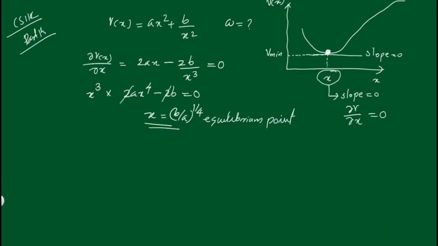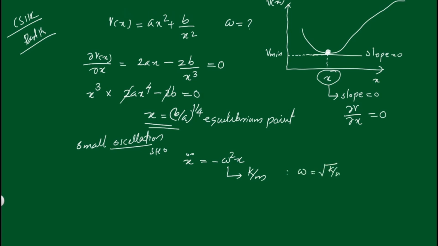Now I am introducing some ideas about small oscillation. You know SHO. For SHO, the equation of motion is x double dot equal to minus omega square x, where this omega square is nothing but k by m, that is omega equal to root k by m.